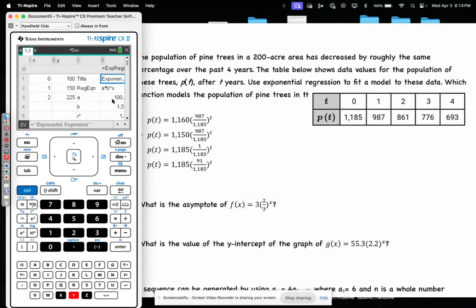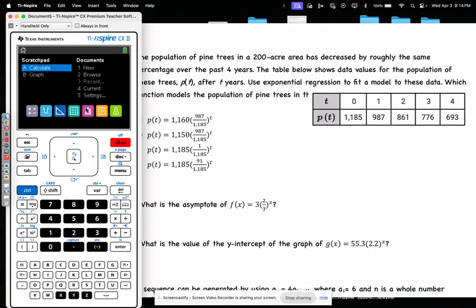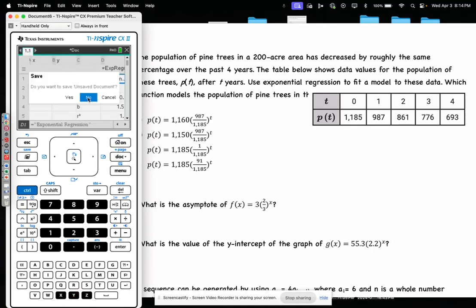Here we have another one. Just again, we're putting it into our calculator to see what that equation is.